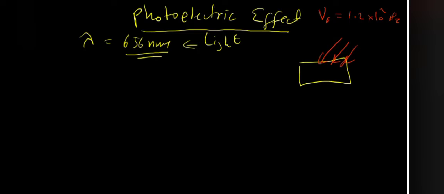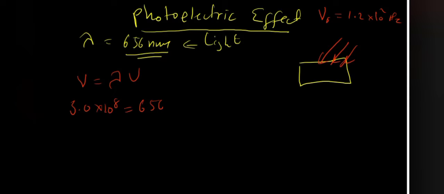So now the first thing is we need to calculate the energy. Let's first convert this to frequency. We know that velocity is equal to wavelength times frequency. Because this is light, electromagnetic spectrum waves all travel at the same speed, that is 3.0 times 10 to the power 8. And then the wavelength is 656 nanometers.